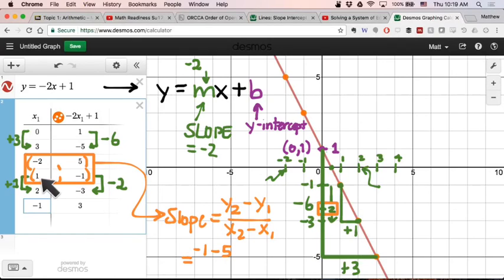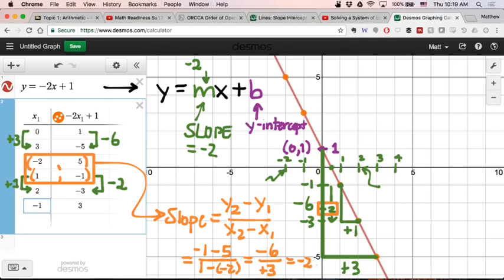Do the same thing for the x's, second x-coordinate, first x-coordinate, 1 minus negative 2. And then simplify. Negative 1 minus 5 is negative 6. 1 minus negative 2 is the same as 1 plus positive 2. It's positive 3. Divide it out. Sure enough, that pair of points also gives me negative 2 for my slope.